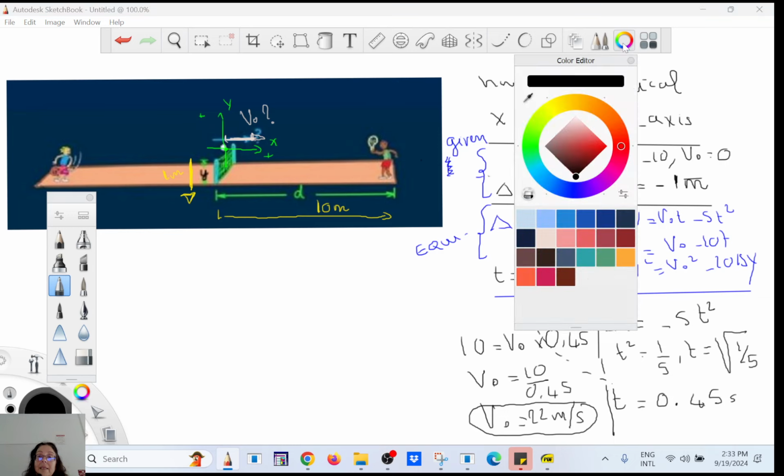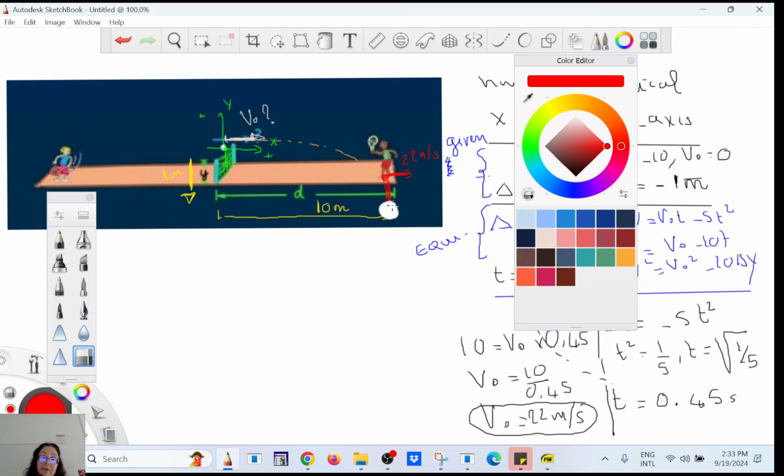So what's going to happen next? It's going to describe what kind of curve? A parabola, right? And it's going to hit the ground here. Just before it hits the ground, the horizontal velocity will still be 22, but the vertical velocity will be 4.5. So it's less, right?